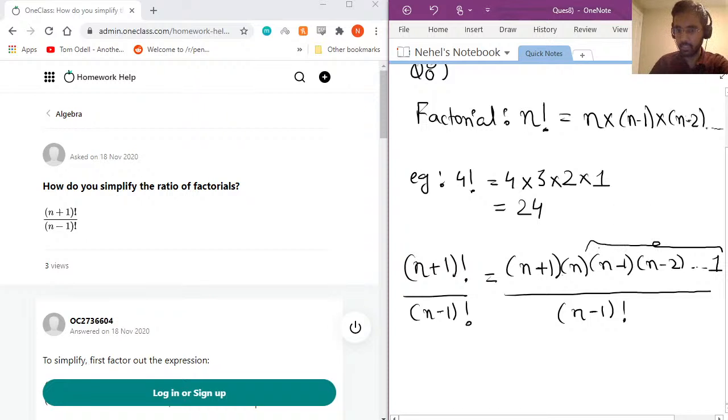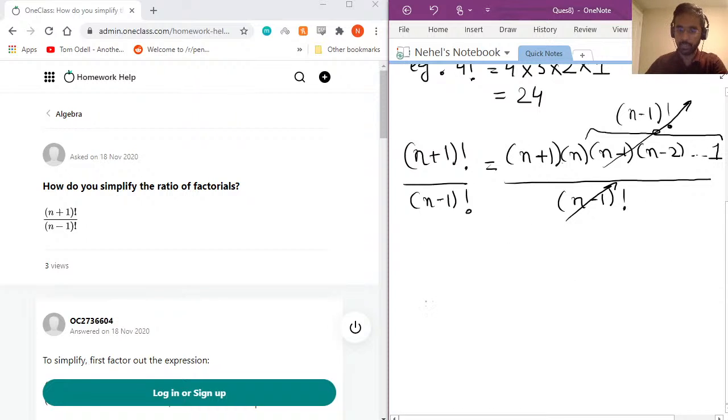Therefore, we can say that this is nothing but n minus 1 factorial. Okay, so all these terms here cancel out with the term in the denominator. Therefore, the right hand side becomes nothing but equal to n plus 1 times n.